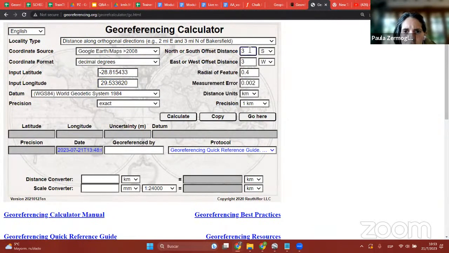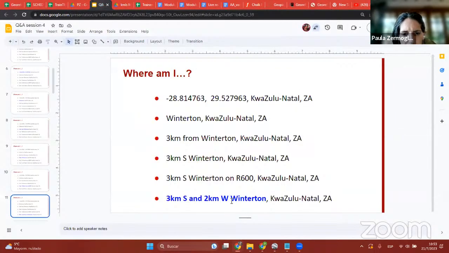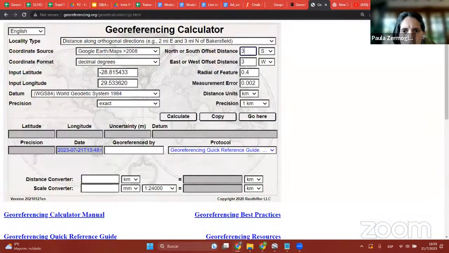And we need to say how many kilometers in this case we're moving south and west. And it was 3 kilometers south and 2 kilometers west. So here we say 3 kilometers south, 2 kilometers west. We're fine.